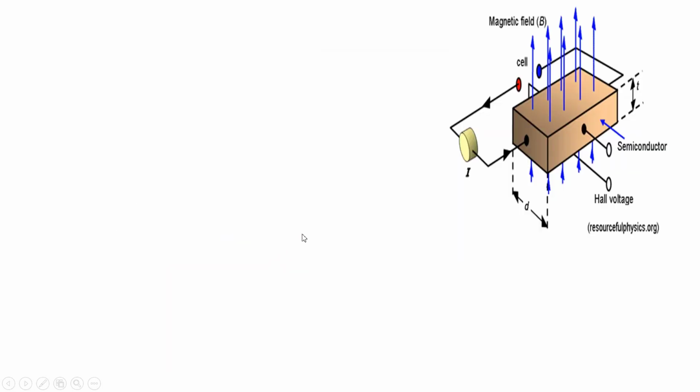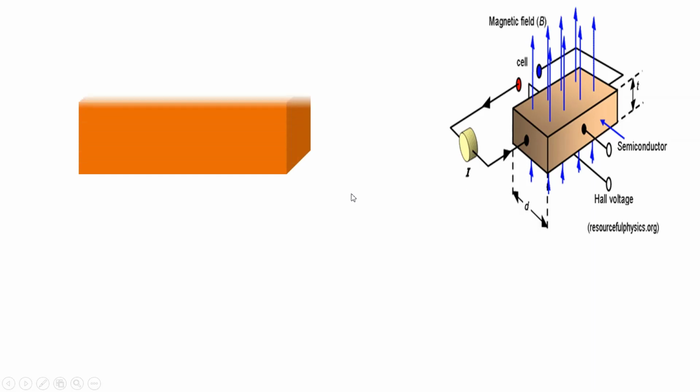Now once again, we will see how it happens. The same sample is shown here, and suppose we are passing an electric current in this direction, let me call it the x direction.